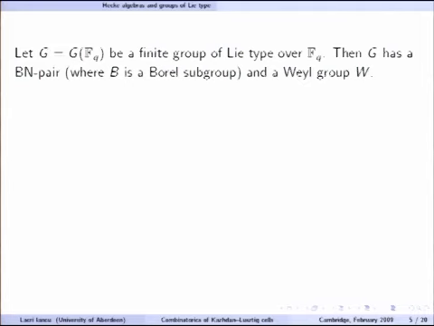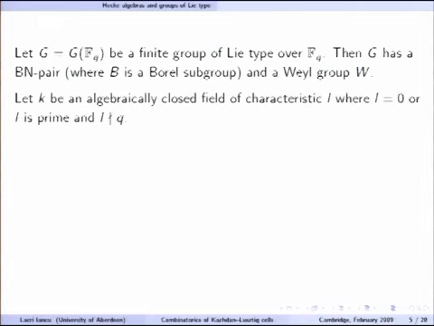So if we have a finite group of Lie type over F_q, where q is some prime power, then such a group has a BN pair, where B is a Borel subgroup, and the Weyl group.